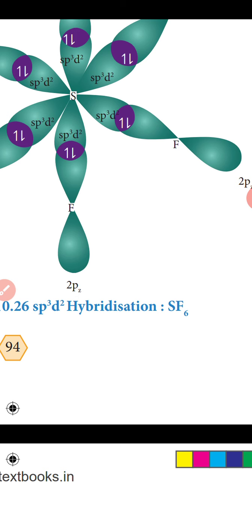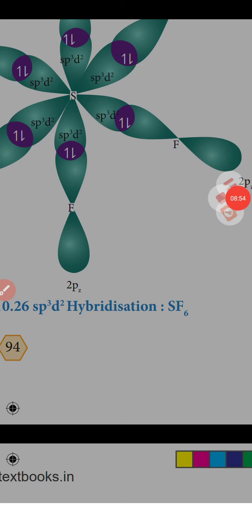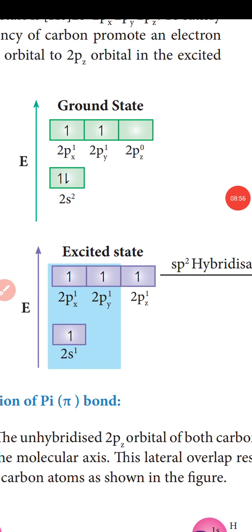Next are the bonding in ethylene and the bonding in acetylene. These are further examples of hybridization. The bonding in ethylene can be explained using the hybridization concept. The molecular formula of ethylene is C2H4.